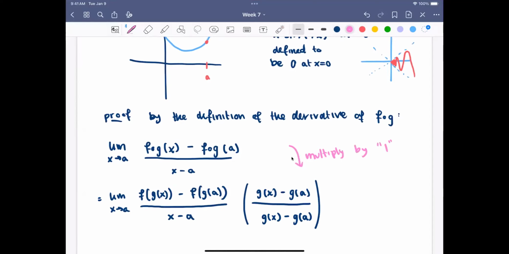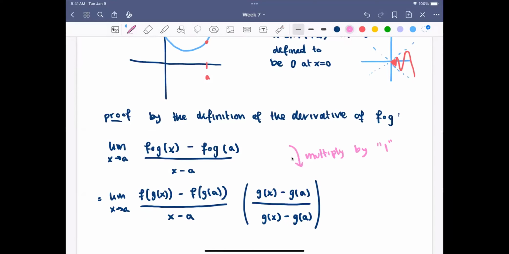Okay, so are we allowed to do this? Since we assumed that g of x was not equal to g of a whenever x was not equal to a, this function is 1 everywhere it's defined.